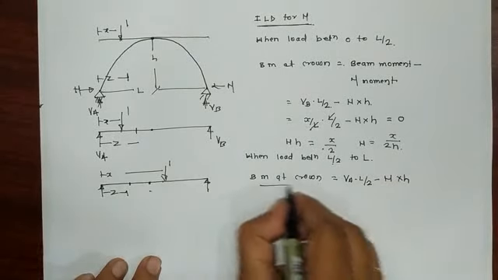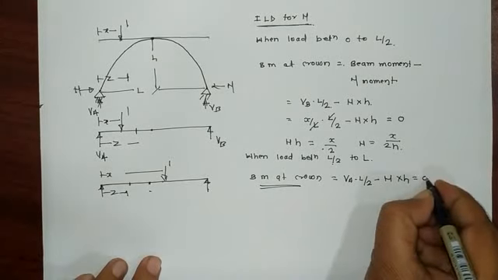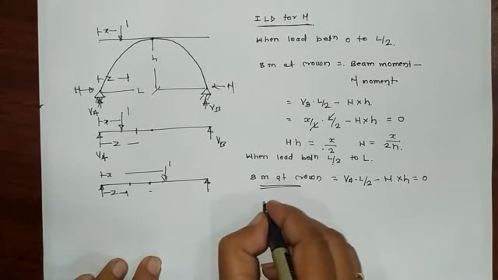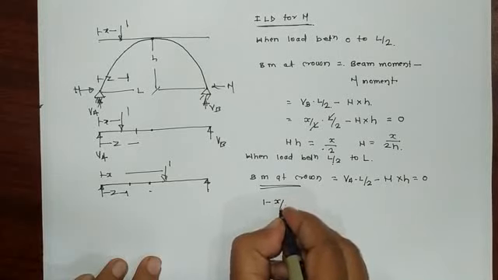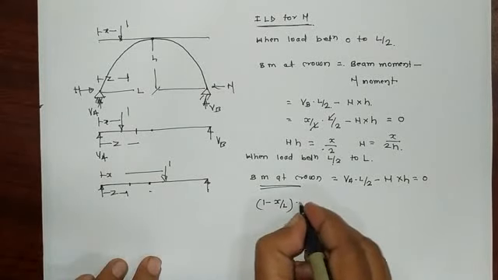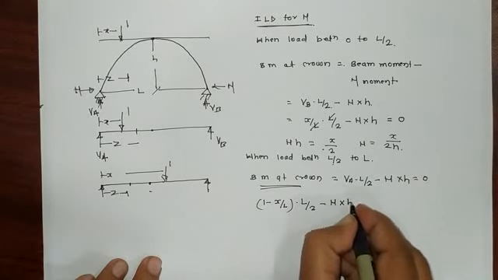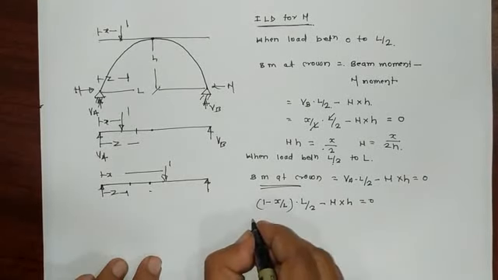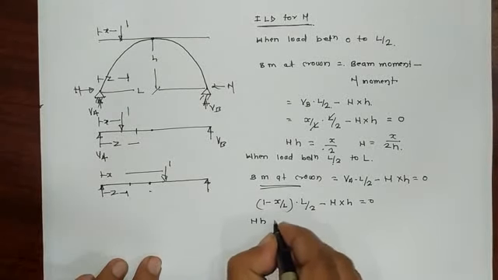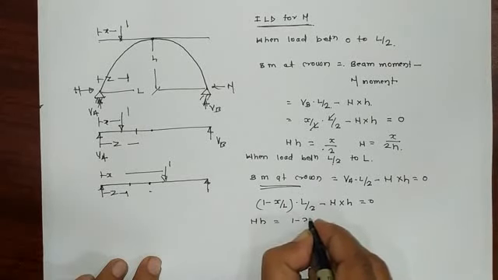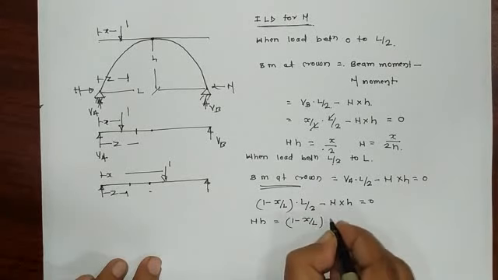So we know the bending moment at the crown is again equal to 0. So VA is equal to 1 minus X by L into L by 2 minus H into H is equal to 0. So this H into H is equal to 1 minus X by L into L by 2.